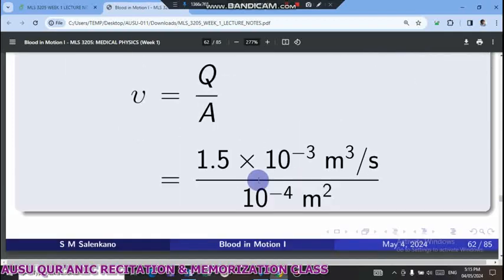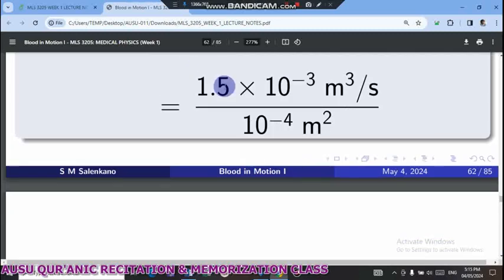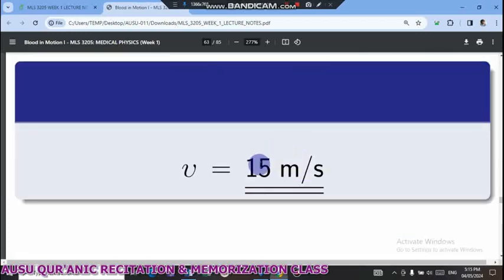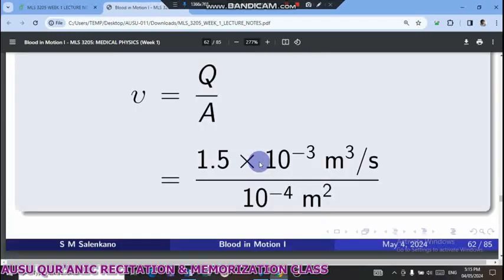So when I do that, look at my Q here and look at my A here. Now you take your calculator and say 1.5 exponential negative 3 divided by 1 exponential negative 4, and this will give you 15. Now how do you deduce the unit of velocity from the two units here?